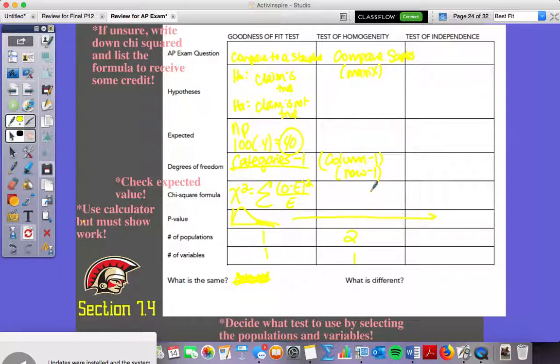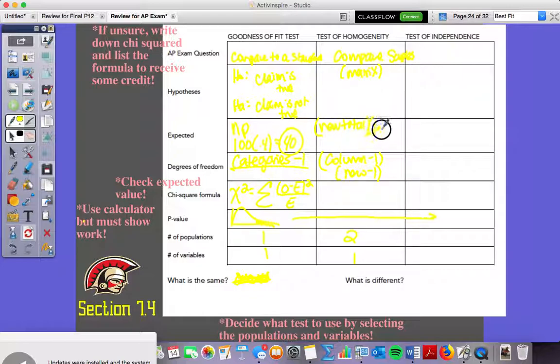I thought it was my row total times my column total divided by my grand total. What do y'all have on your notes there? For the degrees of freedom? I just have rows minus 1. Yeah, that's what they told us. Expected is row total times column total divided by the grand total.